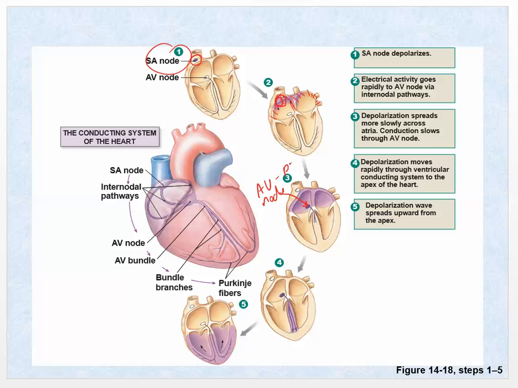That's where you have the little pause. Depolarization spreads more slowly; conduction slows through the AV node. Then it moves down through the left and right bundle branches of the AV bundle of His, spreads down to the Purkinje fibers, and then to all of the ventricular myocardia, or the ventricular heart muscle cells.